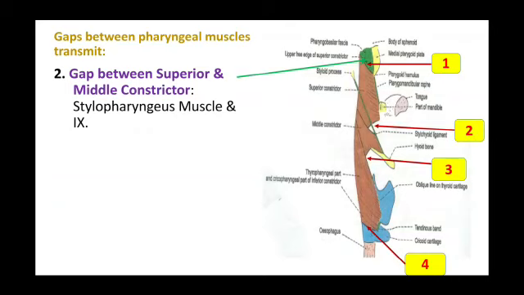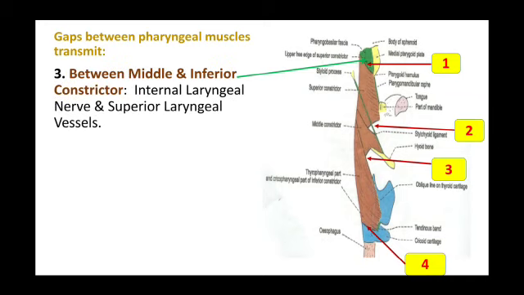Now coming to the second gap, that is the gap between the superior and middle constrictor muscle. The structures passing are the stylopharyngeus muscle and the glossopharyngeal nerve. The third gap is between the middle and inferior constrictor muscle.